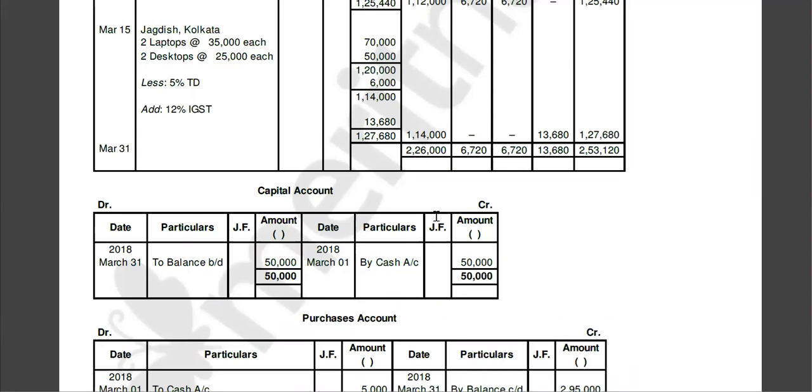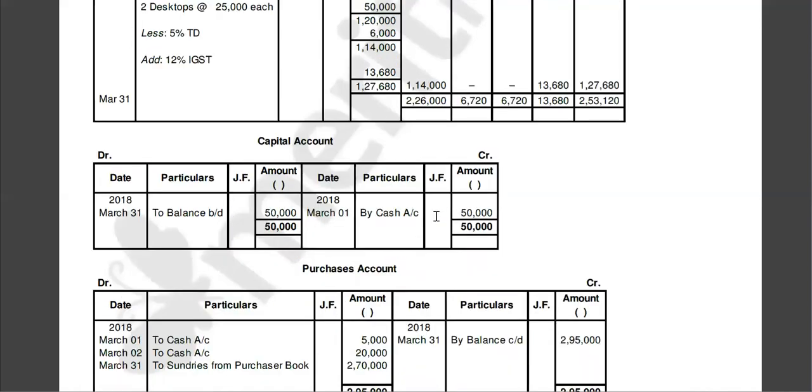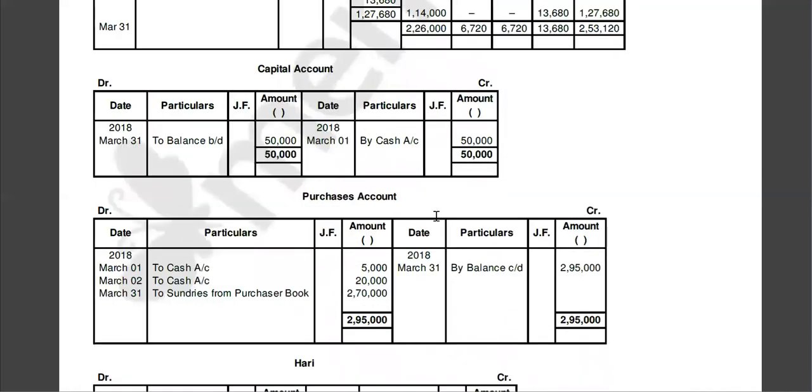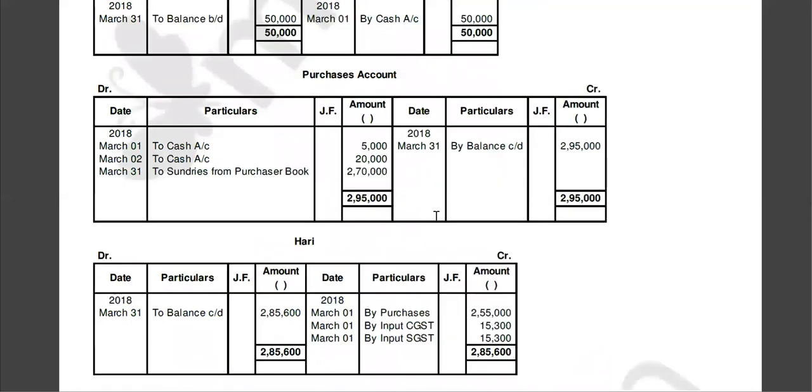Cash account, capital account, purchase account, because cash purchase is also there, cash sales also there. So you have to do purchase account, capital account, purchase account. The name Hari.